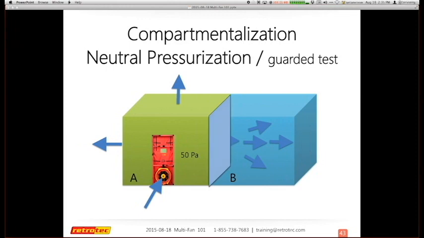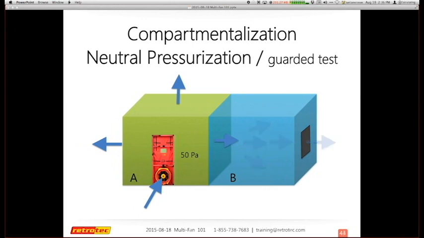Otherwise, if I don't have some kind of pressure release, a window cracked or the front door slightly open, then this will become a solid pressure barrier and no longer allows me to confirm what type of leakage I have off to the right. So if I allow some type of pressure relief window, then I'm able to read the real leakage that's happening in my unit A.